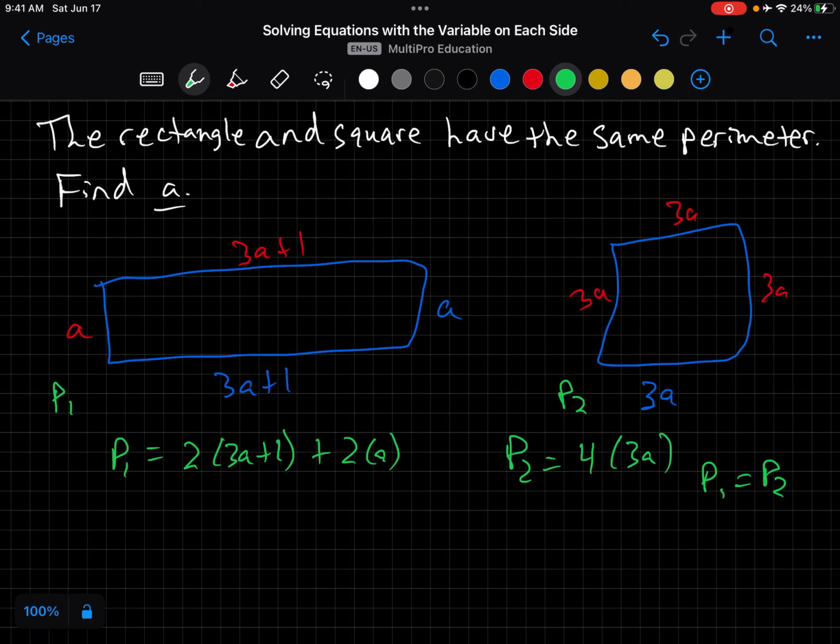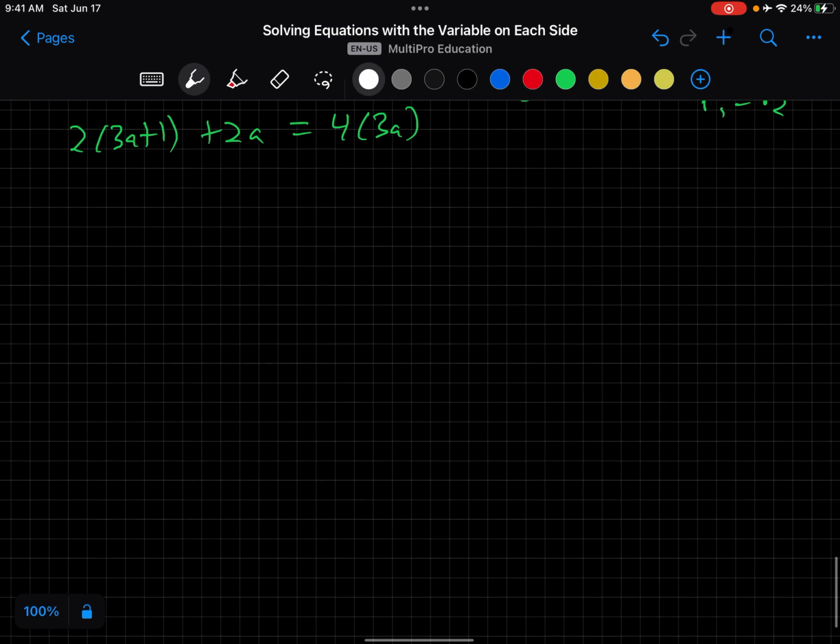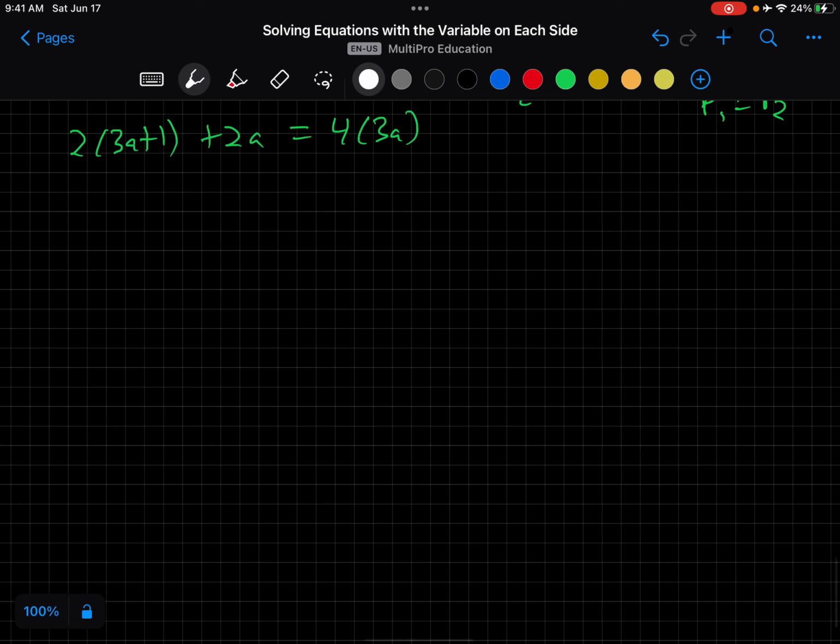Since they have the same perimeter, we know that P1 is equal to P2. So we got 2 times 3A plus 1 plus 2A is equal to 4 times 3A. Let's use our properties here and solve for A.